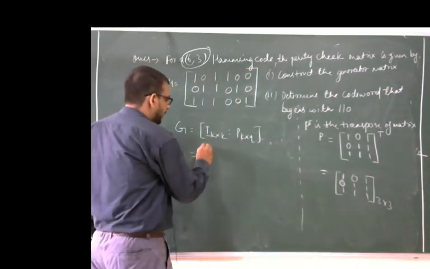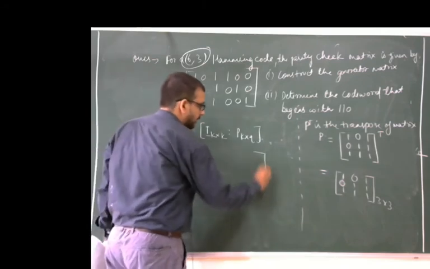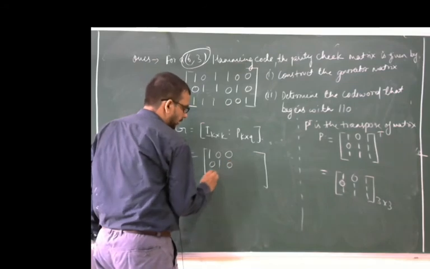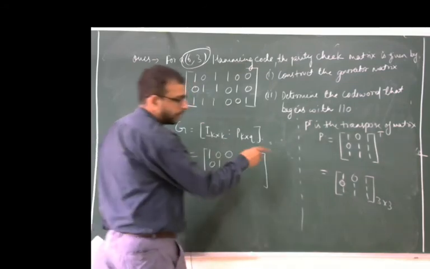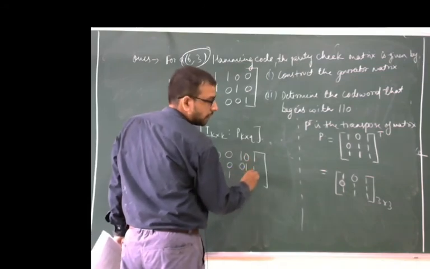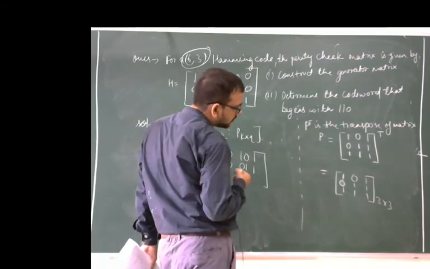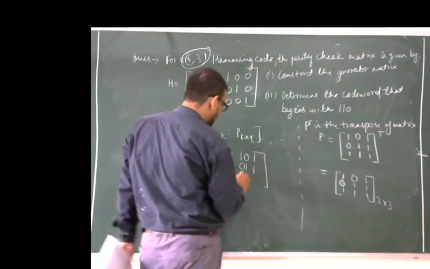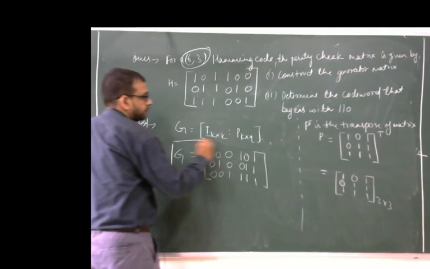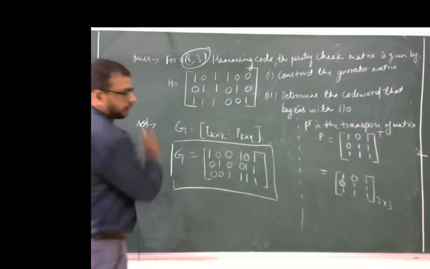This is the identity matrix, written as 100, 010 and 001, and P which you have just found, 101, 011 and finally 111. This is the answer of the first part. This is the generator matrix.